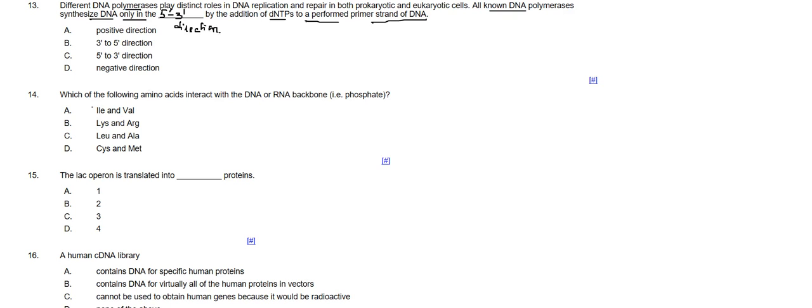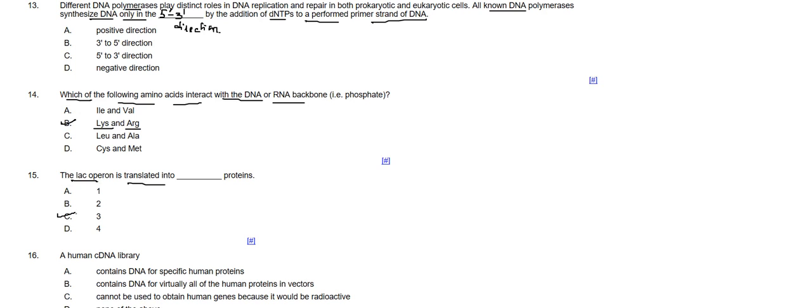Now, next is which one of the following amino acids interacts with the DNA or RNA backbone? Okay, so the amino acids lysine and arginine react with the DNA and RNA backbone. Remember, we have done that in DNA packaging. Okay, next is the lac operon is translated into dash proteins. So the lac operon is translated into 3 proteins.